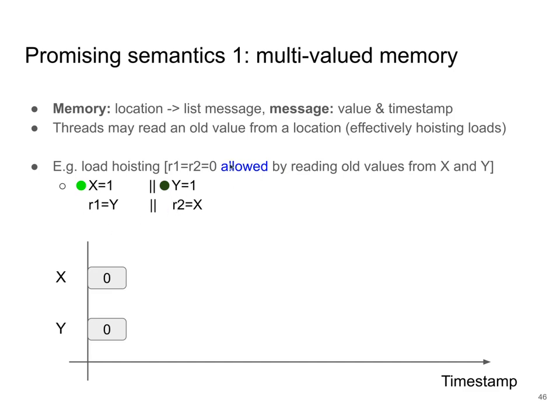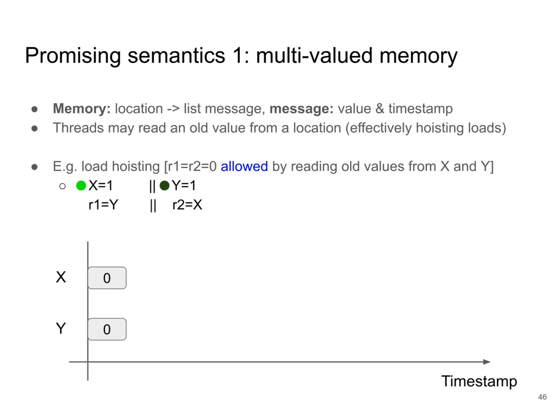So this behavior is impossible in sequentially consistent semantics, but it should be allowed in reasonable concurrent semantics because of reorderings. In these two threads, x equals 1 and r1 equals y can be reordered because they are accessing different locations and there is no dependency between them. The same holds for the right thread as well. So we want to allow this behavior.